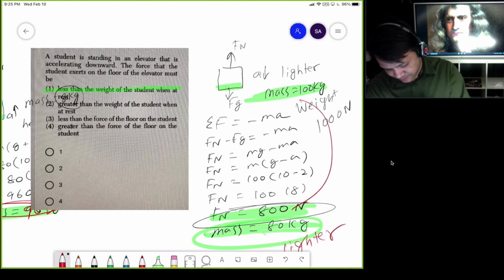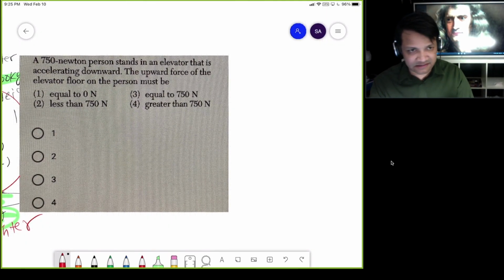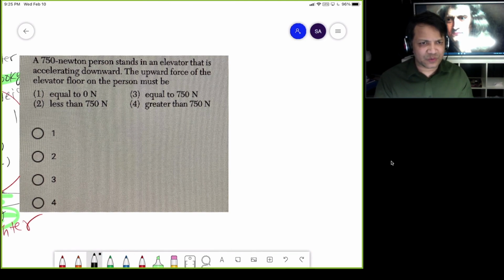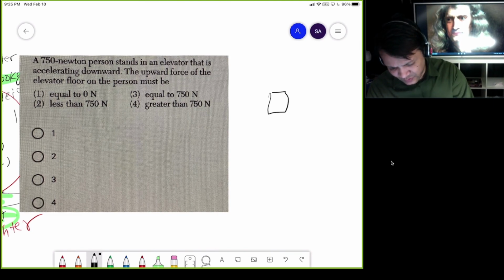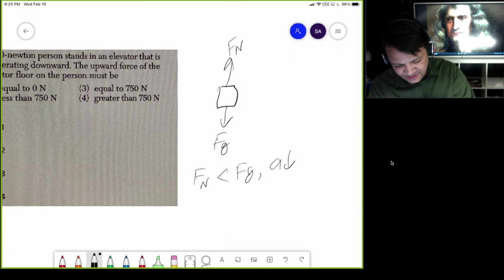Now number 1: a 750 Newton person is standing in an elevator that is accelerating downward. Accelerating downward means the person would feel lighter. Fg is greater than Fn; Fn is smaller than Fg.